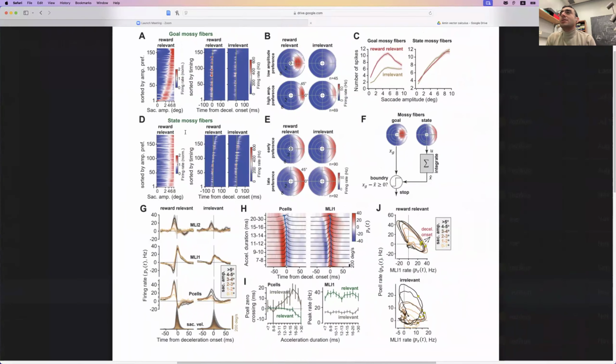So the state Mossy fibers here, I'm plotting the response aligned to time from deceleration, and each row is a Mossy fiber. As I mentioned, it's very interesting, and I honestly don't know what purpose these guys, specifically the late ones, are serving, because many of these late ones are way after the movement ends.